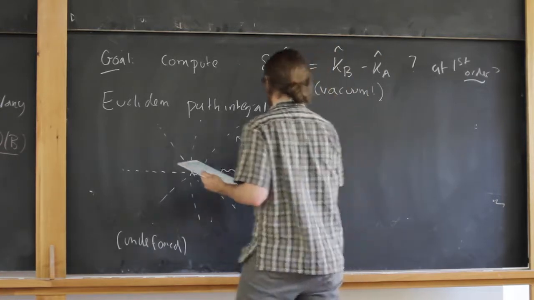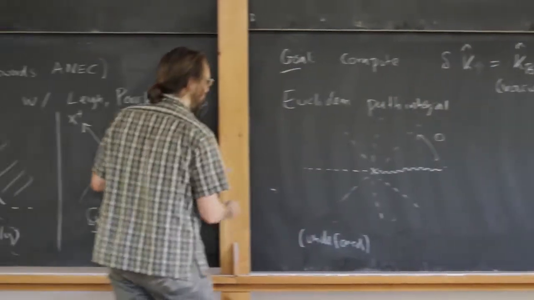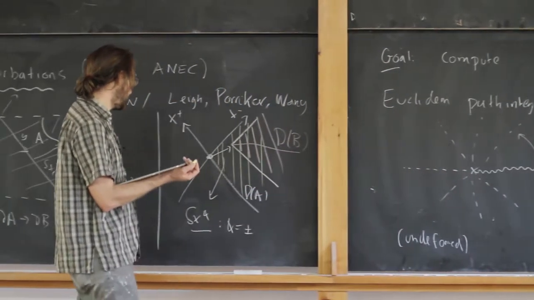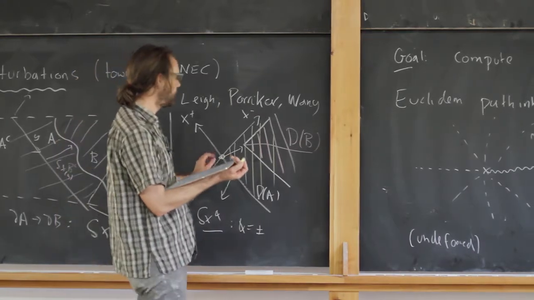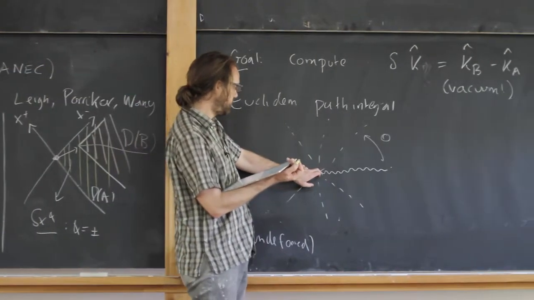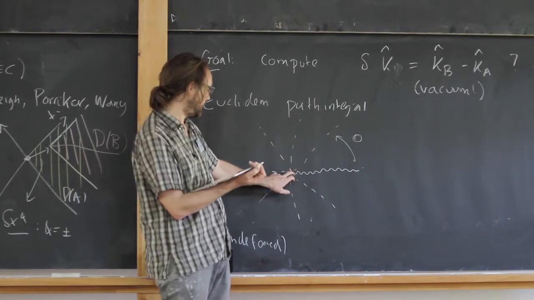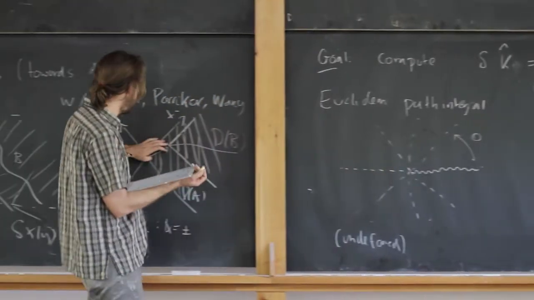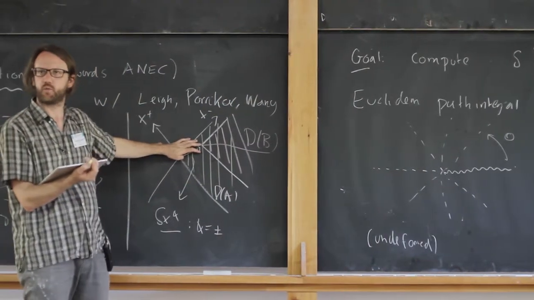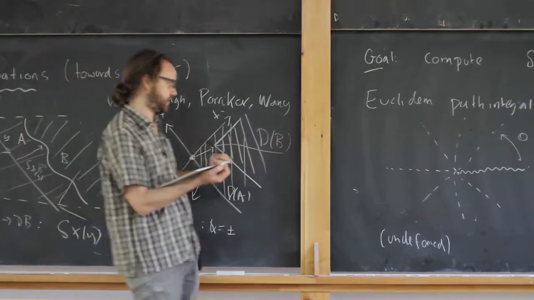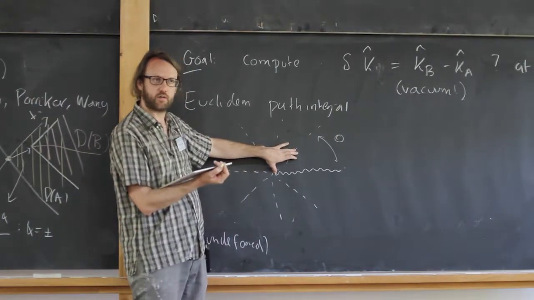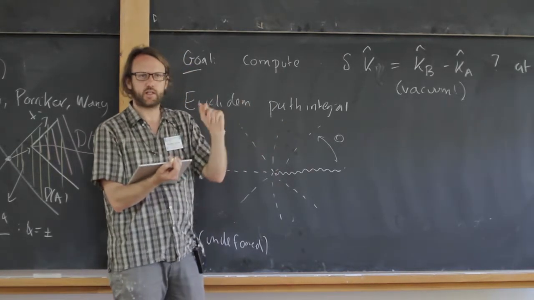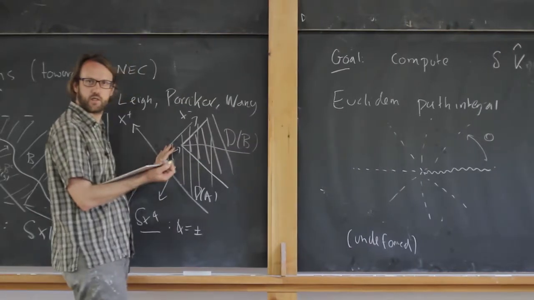Okay, but now what we want is to deform this cut a little bit in some direction. Now, we're working in Euclidean, so what we're actually going to do is deform the boundary of the entangling surface, which is here, in some general Euclidean direction, which is not quite the picture that we want, but at the end of the day, we're just going to Wick rotate back in terms of the deformation. So the deformation will be some shape deformation in Euclidean, and then we'll do some analytic continuation to get the real-time picture here.